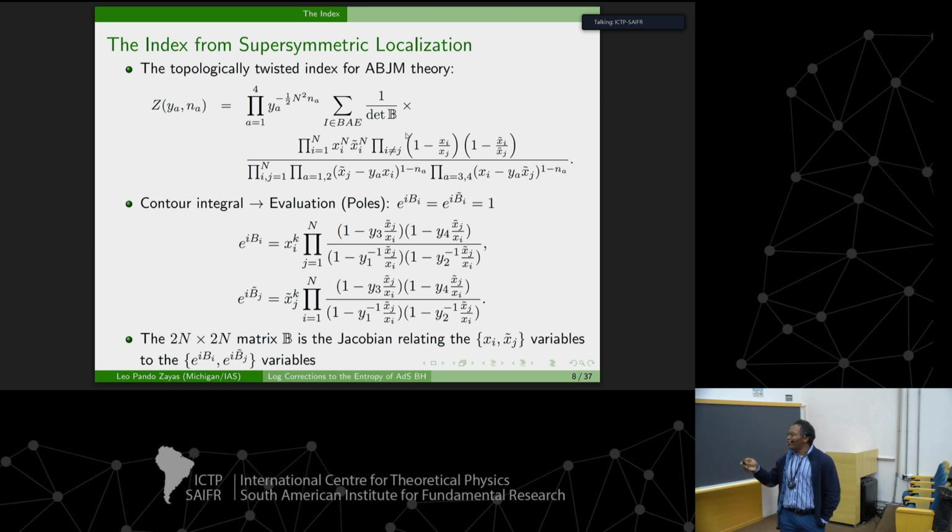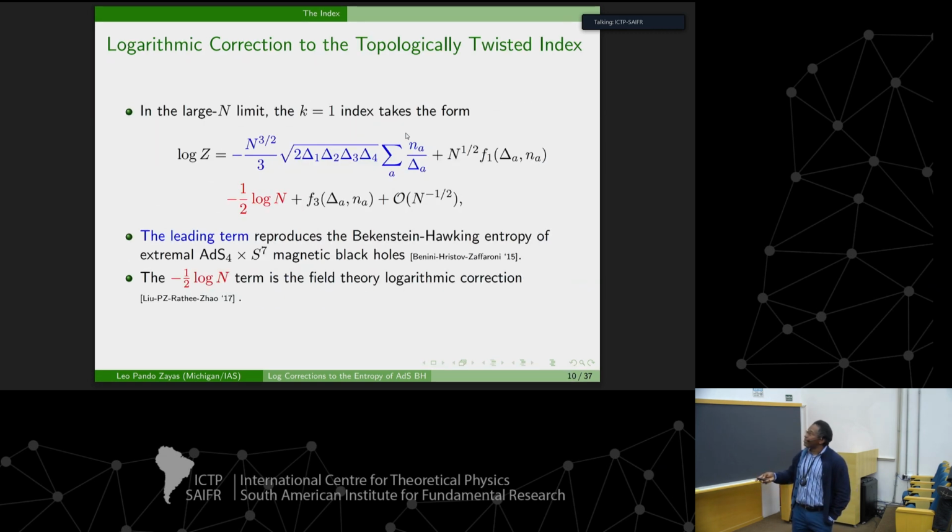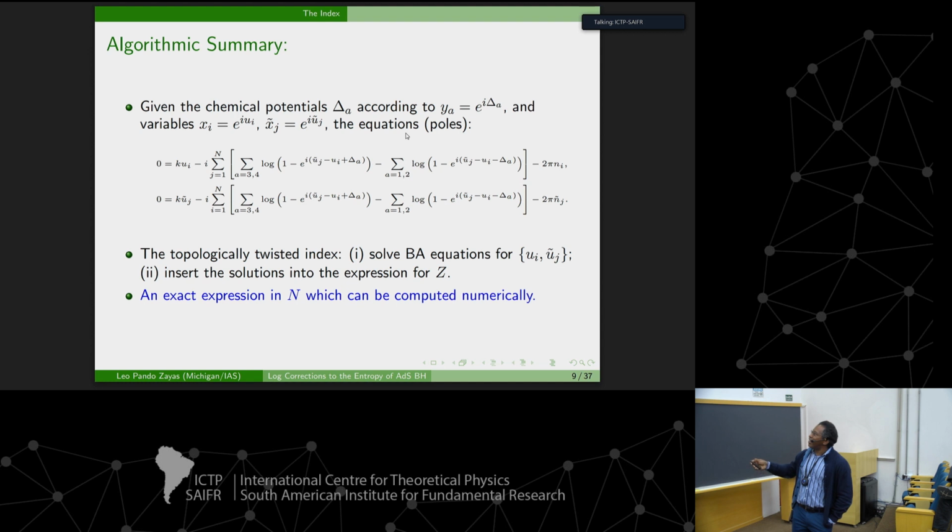So what we do is we have this problem. It's an algebraic problem of 2n by 2n variables, and you can just solve it, right? So this is another way to write this Bethe-Ansatz equation. This is not really so important. The important thing is how to evaluate, here's my prescription.